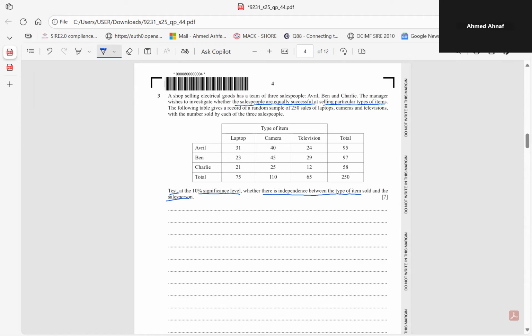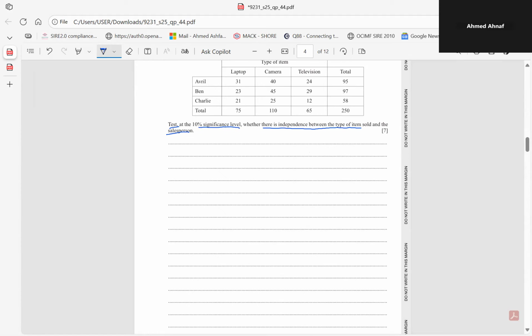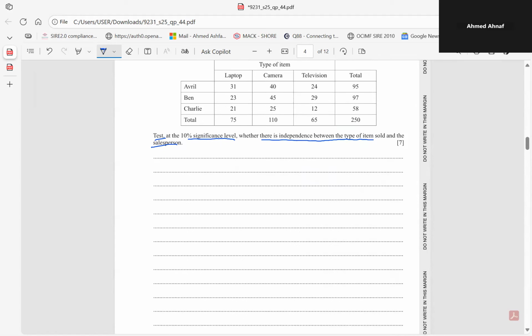So to do this type of test, this is called the association test. You have to use the chi-square distribution, the chi-square test.